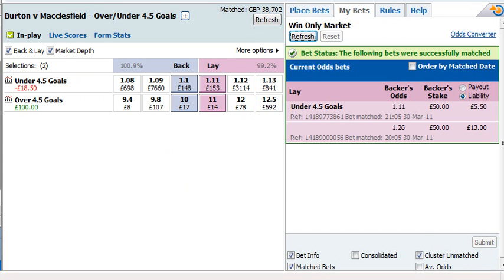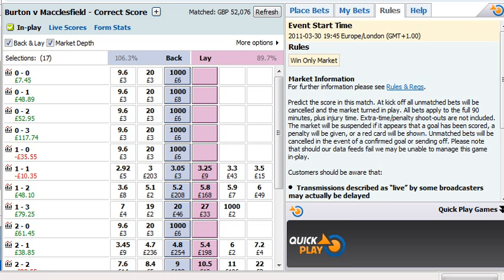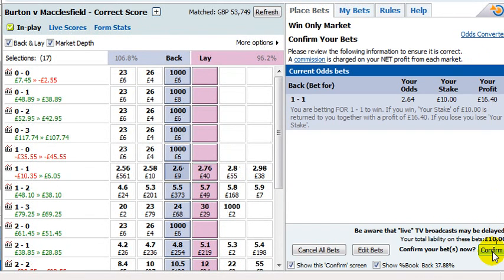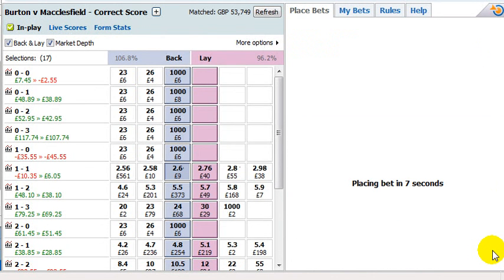Right, so I'm back again to one of the first ideas, which was to buy something cheaply. So I've laid the under 4.5 again. Now, the effect of that is it will leave about a £5 loss overall if it stays at 1-1.